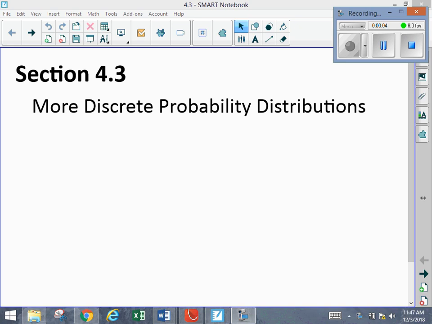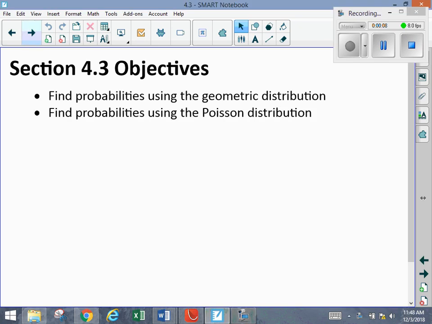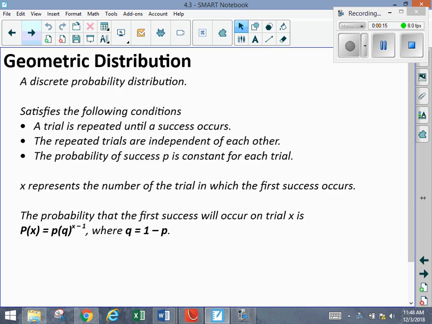Awesome. You're right there. So the distributions we're going to look at are the geometric distribution and the Poisson distribution. And here's what geometric distribution looks like. It's a lot like binomial distribution, right? Trials are independent, probability of success is constant. You also want each trial to be listed as either success or failure.